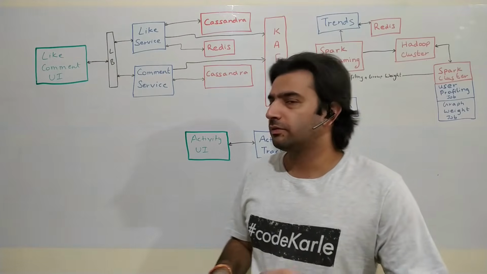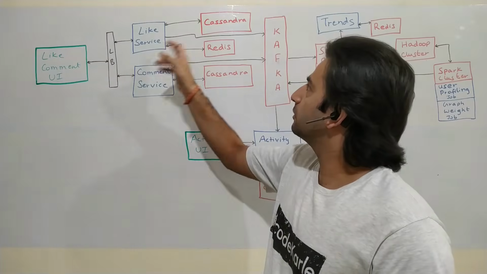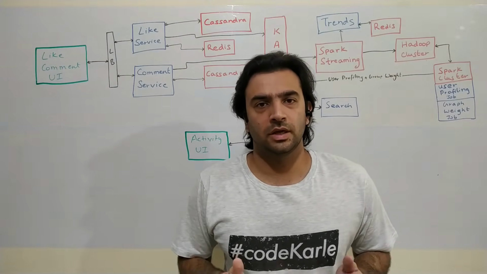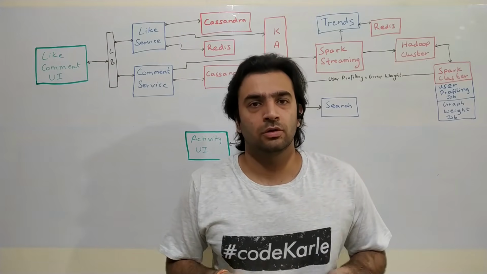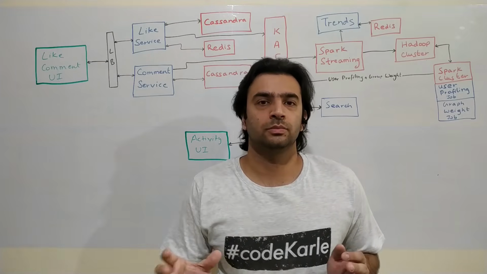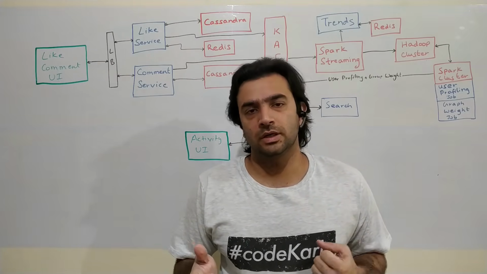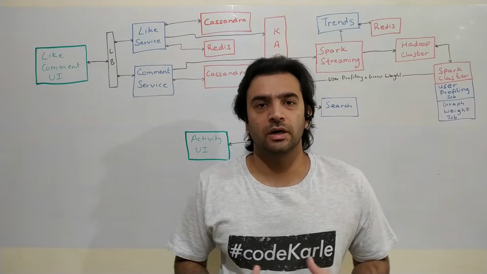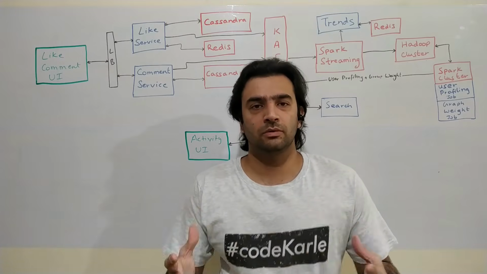Now, whenever a person adds a like, that information gets stored into Cassandra. Think of it as a table with user ID and post ID. Post ID contains the post which is being liked, and user ID is the user who's liking it. Now, if you want to add the functionality of a like being put on a comment, then the comment would also have an ID.